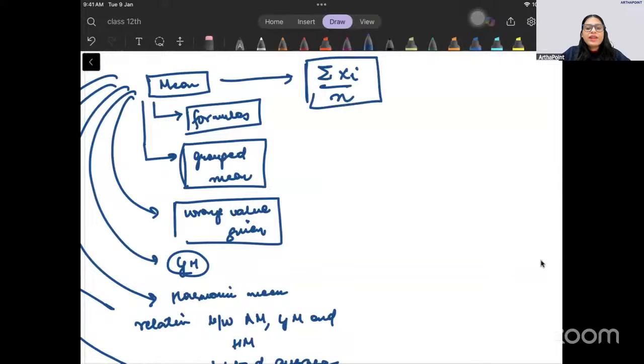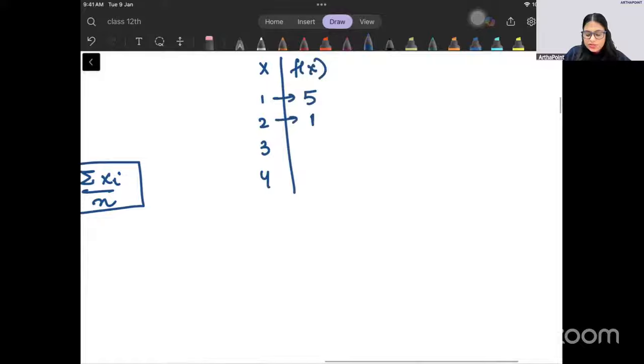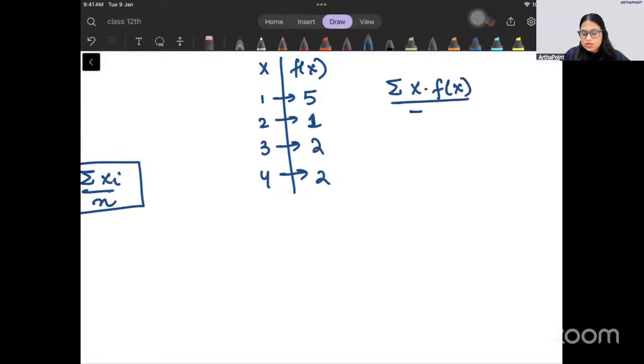Now, जब भी हमें x का frequency दिया होगा, माने I'm given x is 1, 2, 3, 4 और इसका कुछ frequency given है. 1 का frequency 5, 2 का frequency 1, 3 का frequency 2, 4 का frequency 2. Then the formula of mean will become summation x into frequency upon sum of the frequencies.